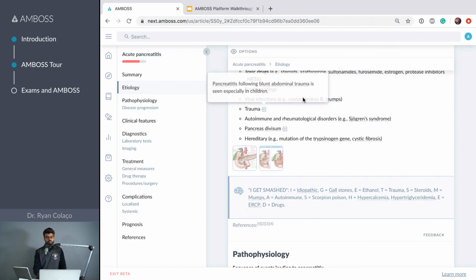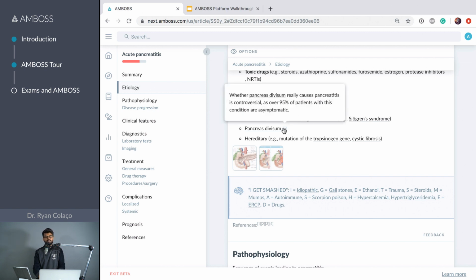Now, this gives me the basics of the subject. You will notice there are also these little call out boxes, which, as I said, everything is given point wise in AMBOSS, but sometimes you need a little more information, right? So, if you need a little bit of an explanation of what it is, it gives the rationale behind it.